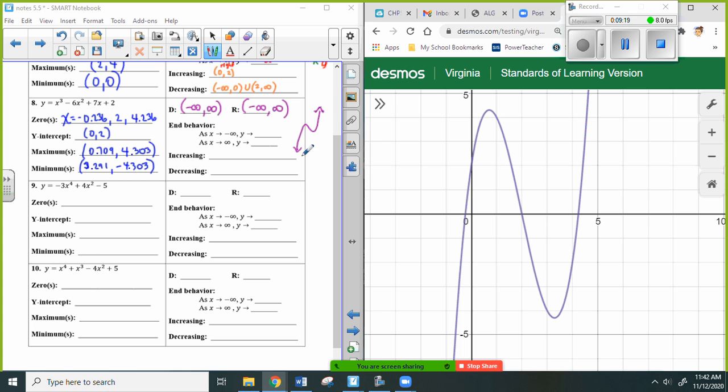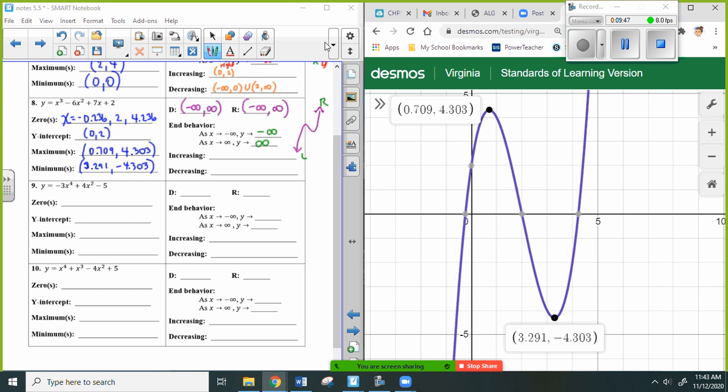All right, and so then this is my left and this is my right. And so the left is going down and the right is going up. Okay, and then when you think about increasing and decreasing and you trace it from the left, you got to go up first.